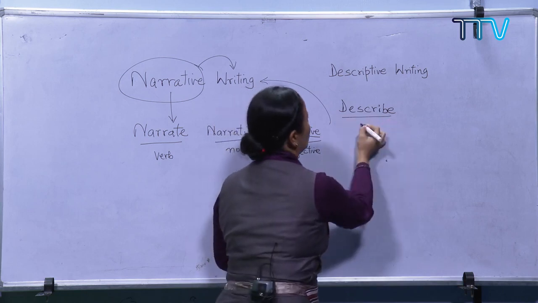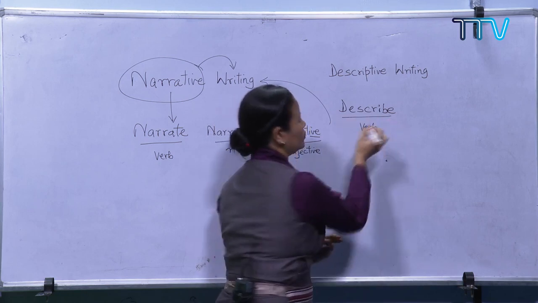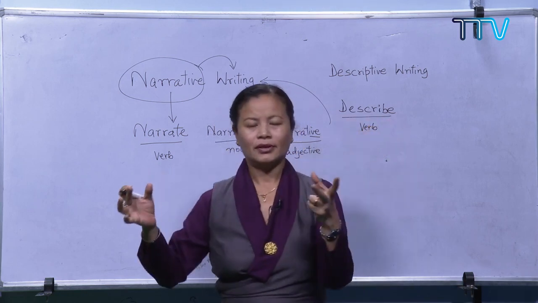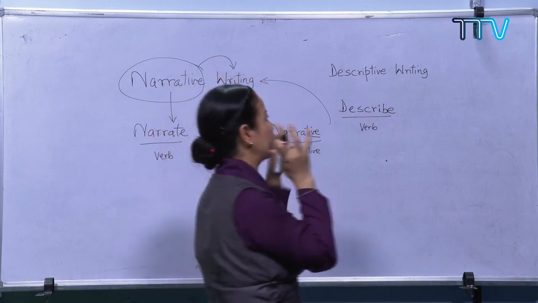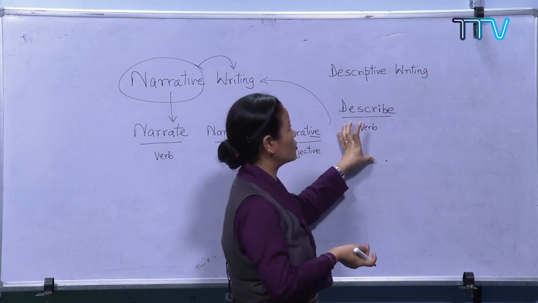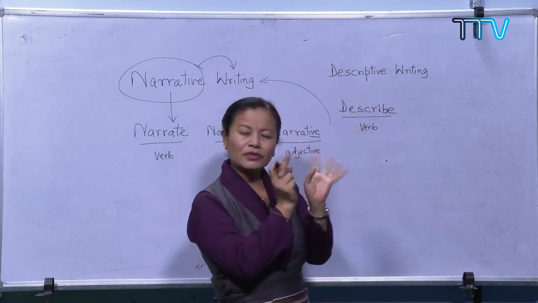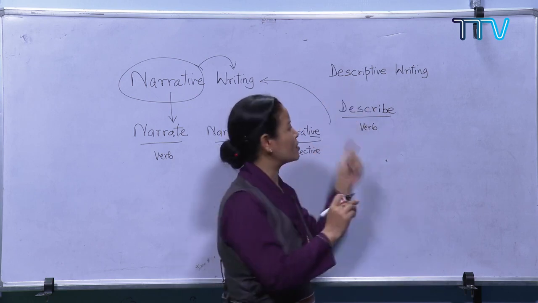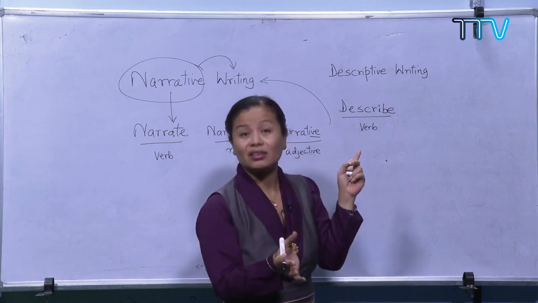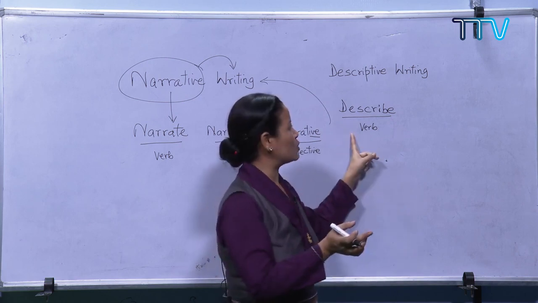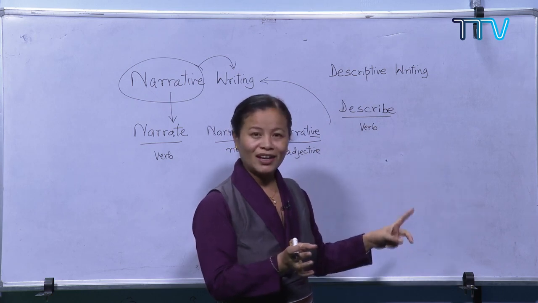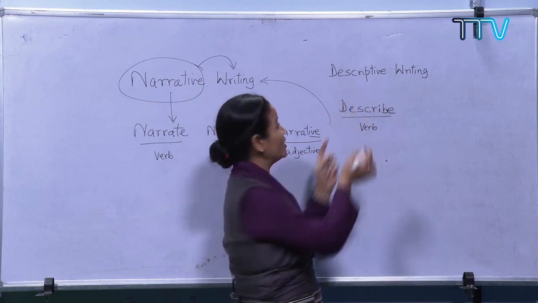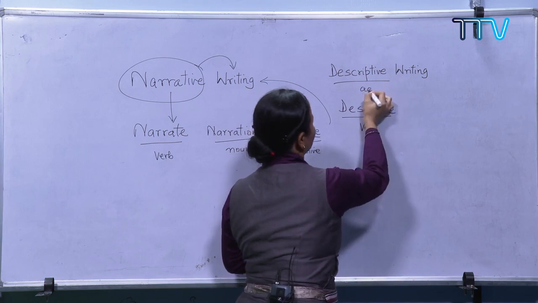This is a verb, describe. So then what you can do is, you can just see a connection. Describe, descriptive, there's some sort of connection. Describe, then you have description, isn't it? Describe is a verb, description is a noun, and descriptive is an adjective.